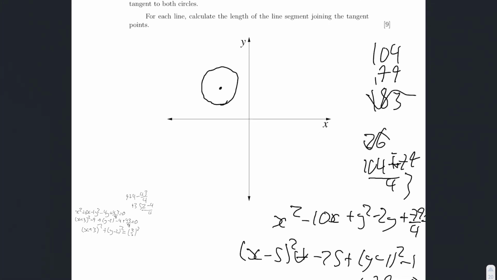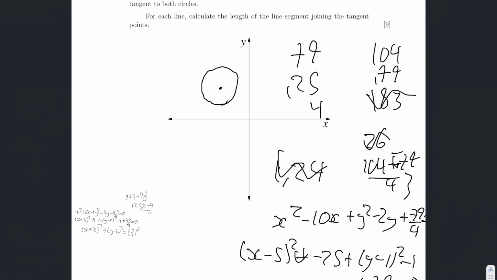Oh no, minus, we need to minus it. 104 minus 79, that's going to be 25, right? I'm a bit tired at the moment, so my brain's going a bit slow.